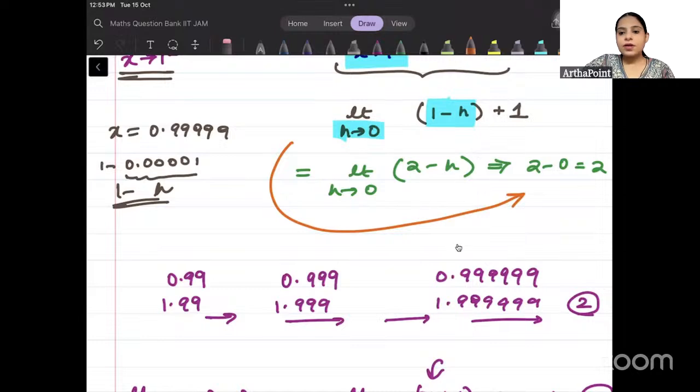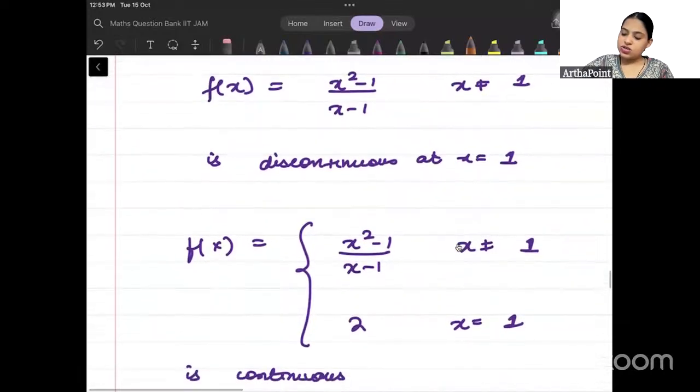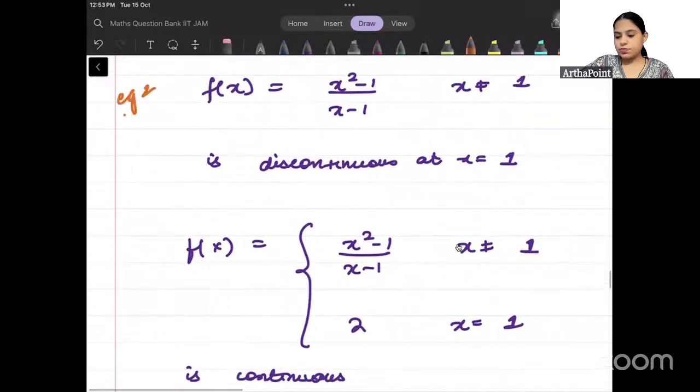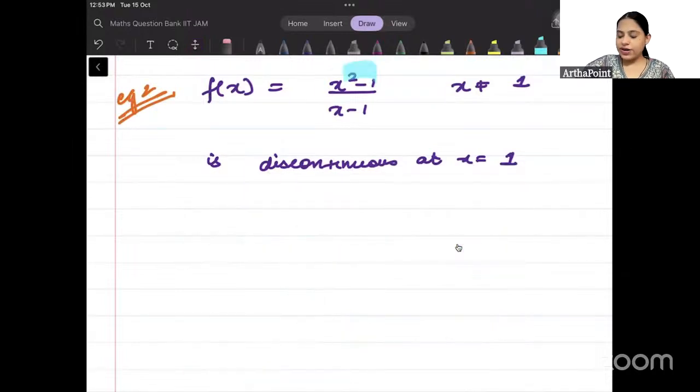Now, let's try to look at one more example. So this is example number 2. Now, this example I've already discussed with you. What happens is that this function is not defined when x is equal to 1, right?